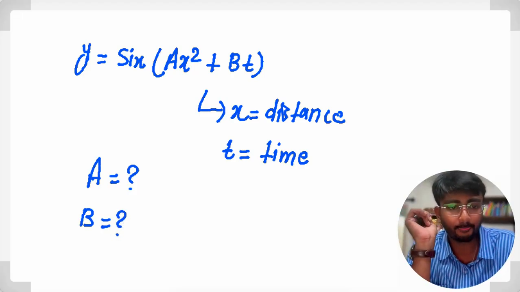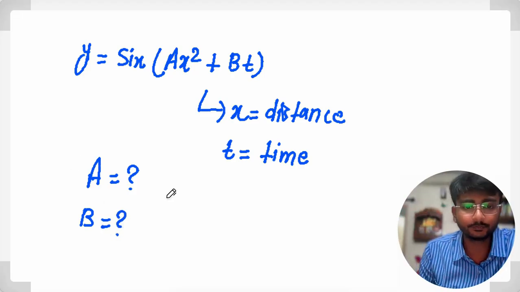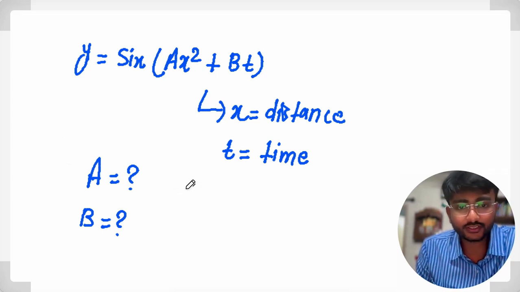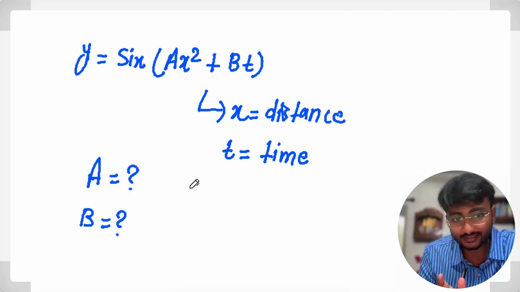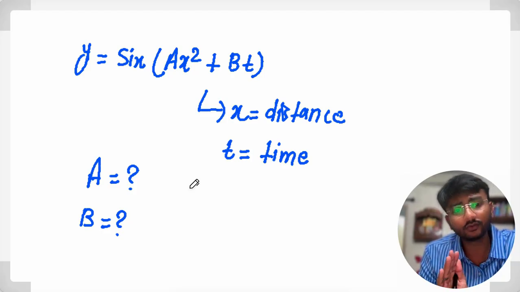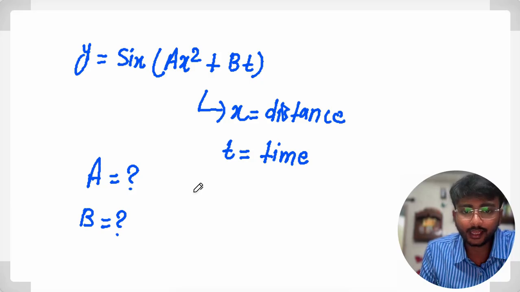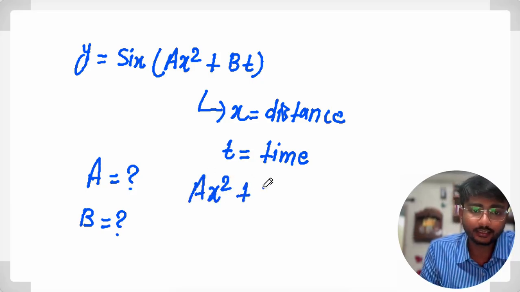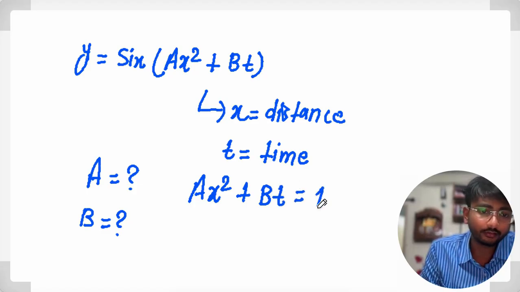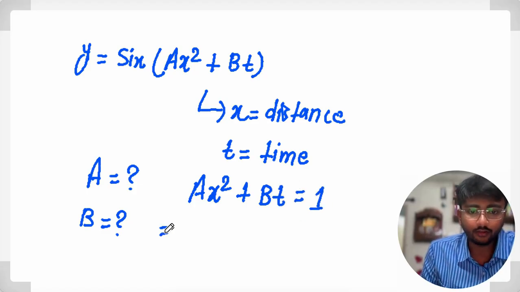So how will we calculate this? Now let's understand. I have just told you that the dimension of anything which is inside any trigonometric function will be dimensionless. That means it is 1. So we can write it as a x square plus b t equal to 1, right?